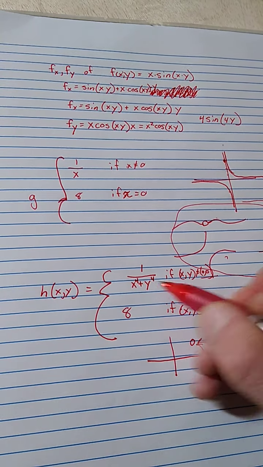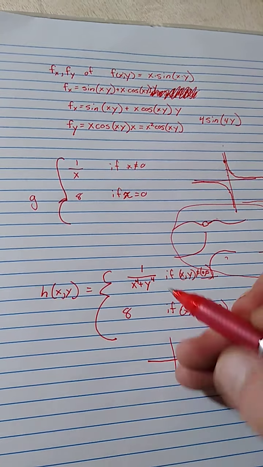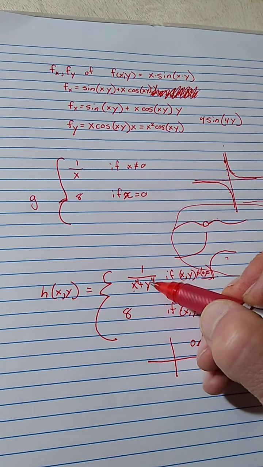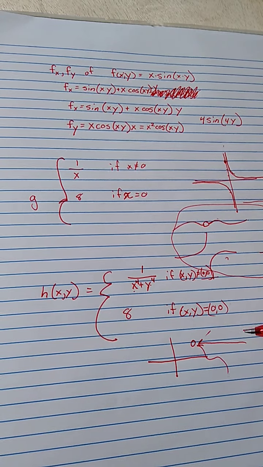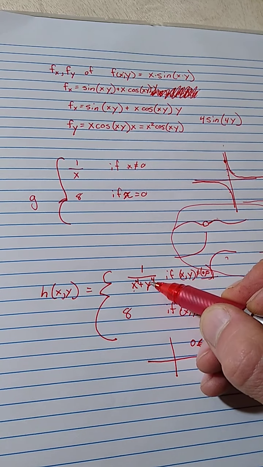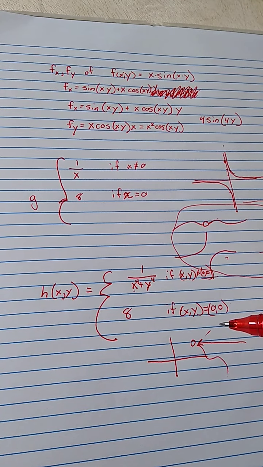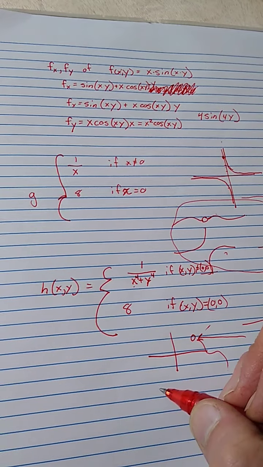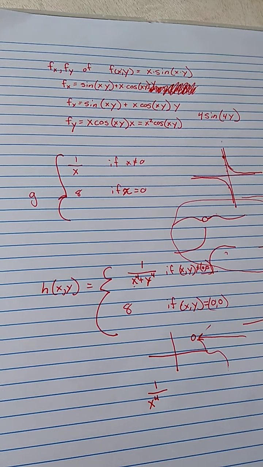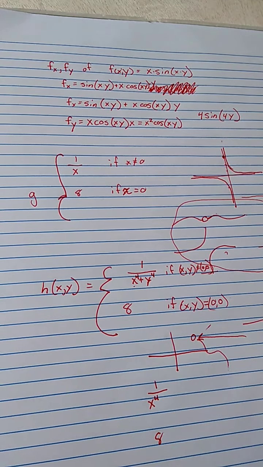In this case, I think one of the easiest lines is, what if we just let y equals 0 and we came in on the x-axis? So if we were to trace this surface, so it's a two-dimensional surface as x and y, we could trace it in on the line where y is 0, and we would just get the function 1 over x to the 4th, and 8.